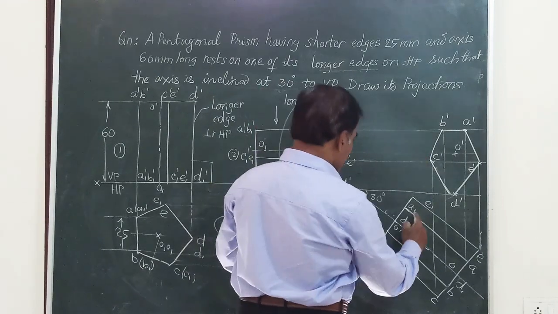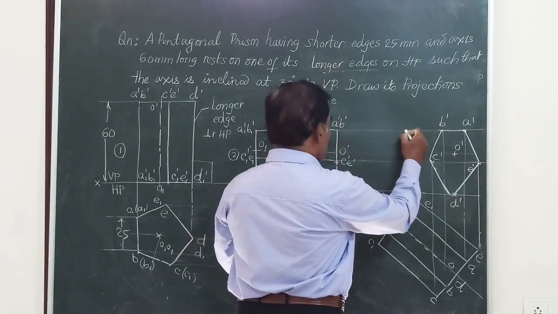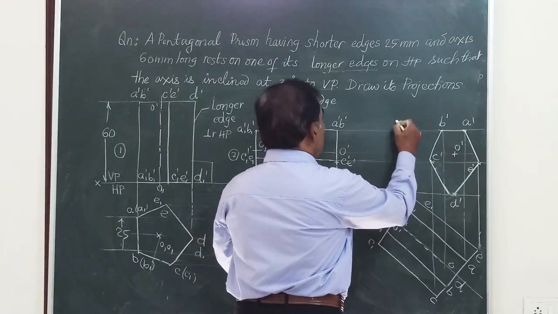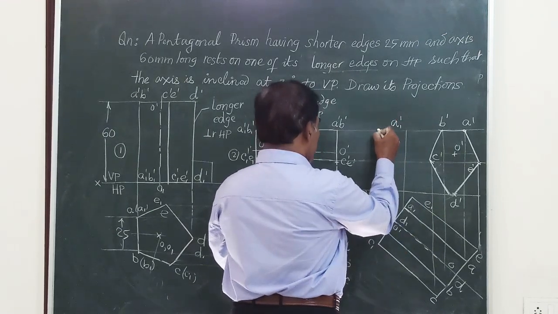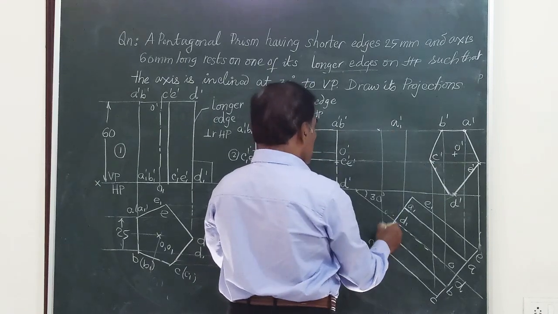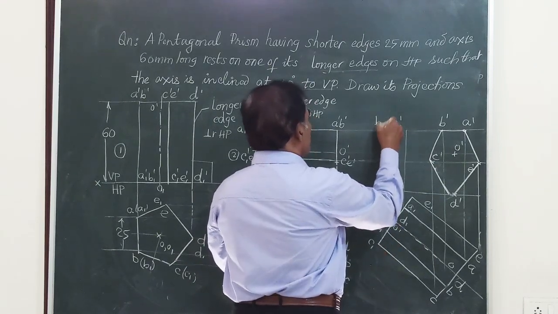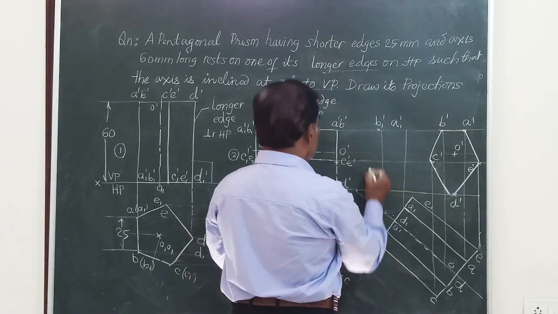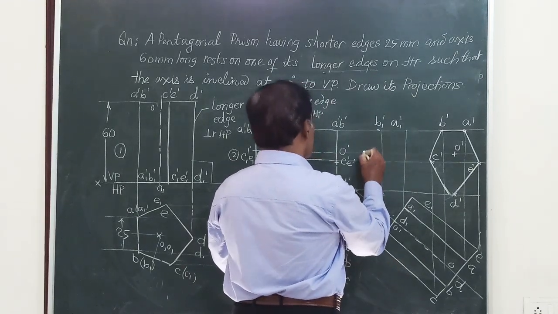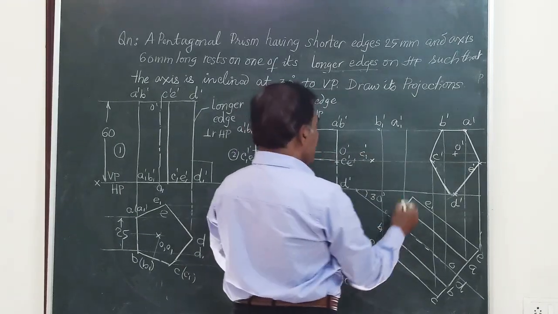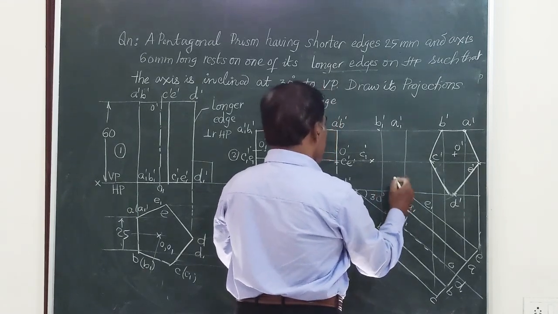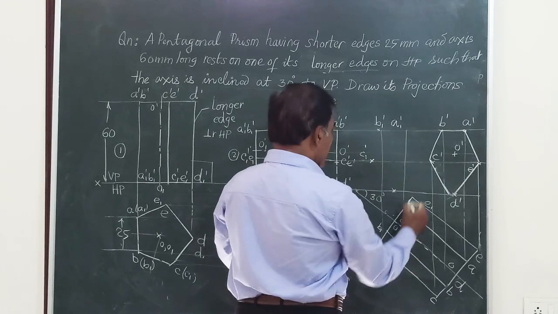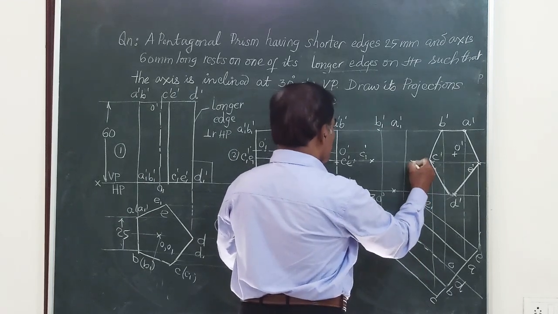On this line you will have A and B. This point is going to be A1 dash, then B is going to be B1 dash here. Then you have C somewhere here, C1 dash, D1 dash comes exactly in the center here, and finally E1 will come somewhere here.